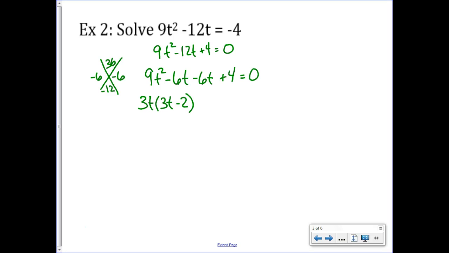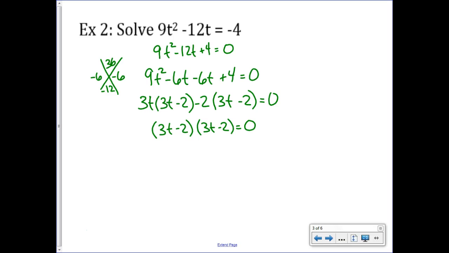And of the second two, it looks like they both have a 2 in common, but I'm going to go ahead and take that negative out of there. So then I end up with a positive 3t minus 2. So I make those parentheses match, the leftovers match. So then I have 3t minus 2 and 3t minus 2.